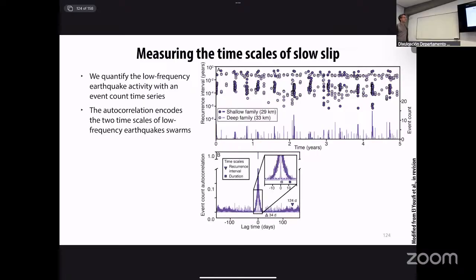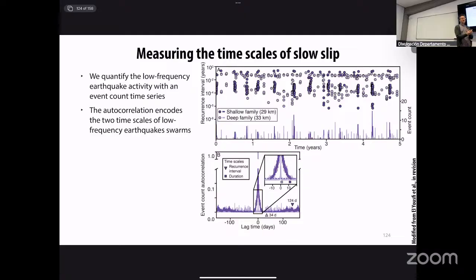What we can do then is take the autocorrelation of this time series. You take 2 copies of it, you move one of them, and you just calculate how much overlap there is between these two histograms. So of course you're going to get a very strong peak at 0 lag. And as soon as you start shifting one of those time series, you're going to lose power.